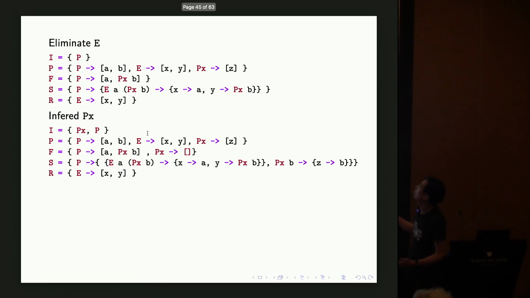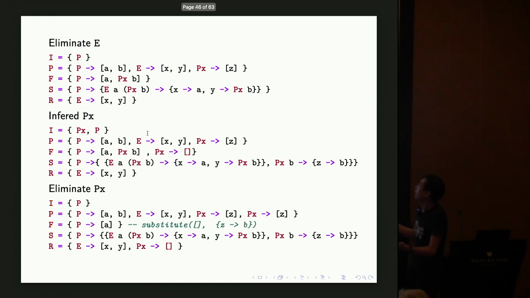And next, we infer the context fields of PX. For PX, we do not need anything because the type parameter is phantom. We do not need anything here. And when we do the substitution for this PXB, then it vanishes. So we eliminate this PX.